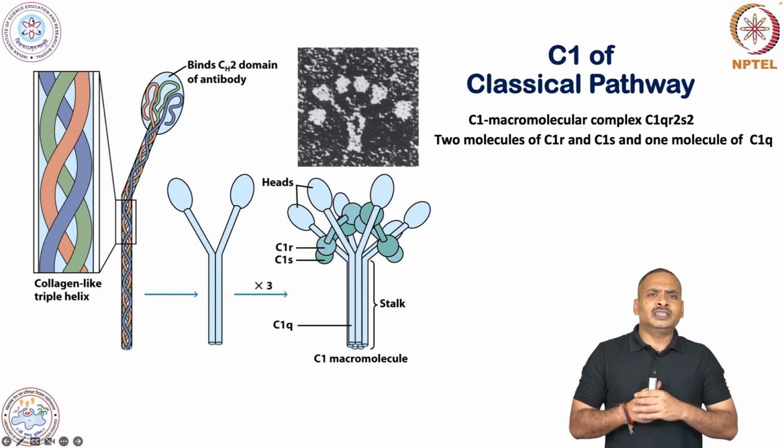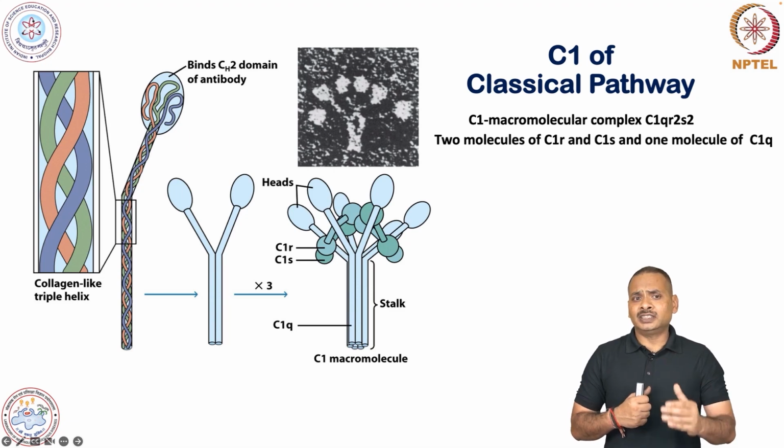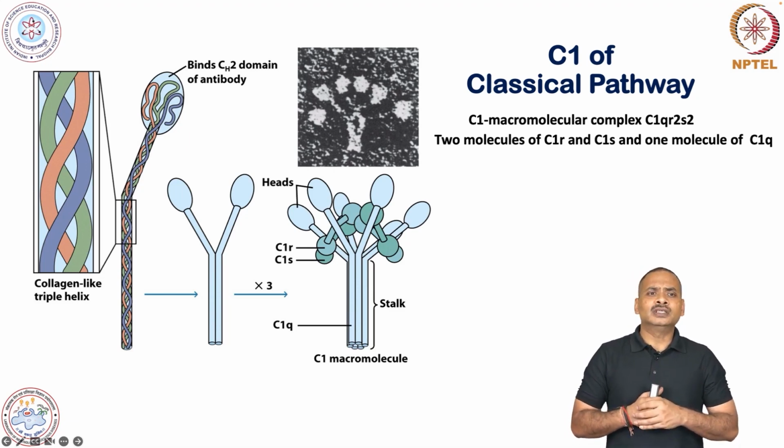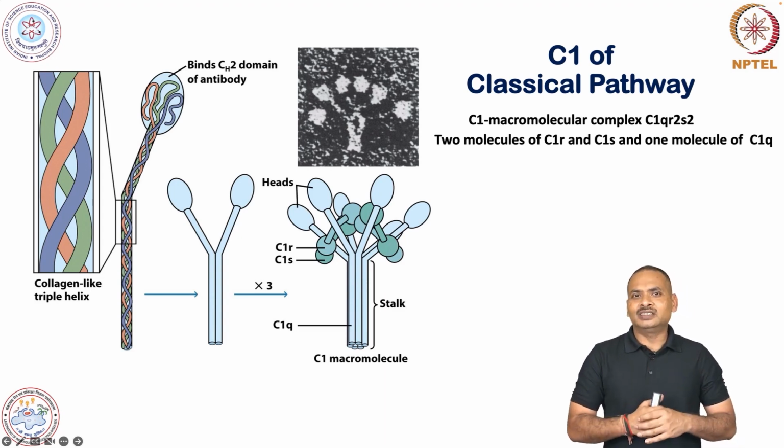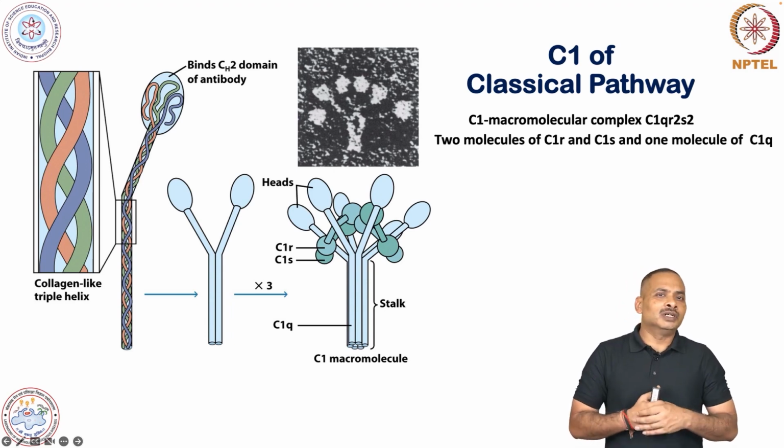and in the antibody there is one region which we call the CH2 domain. So what is the CH2 domain? I will show you in a subsequent slide. It is better to understand the structure of the antibody so that you are able to understand things much better.